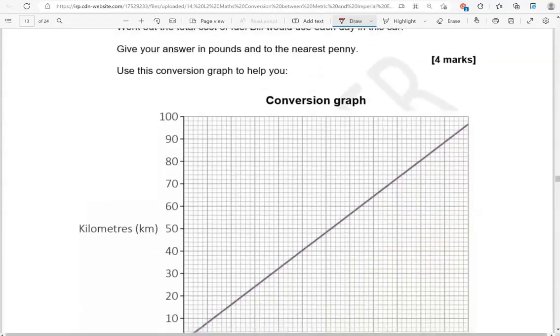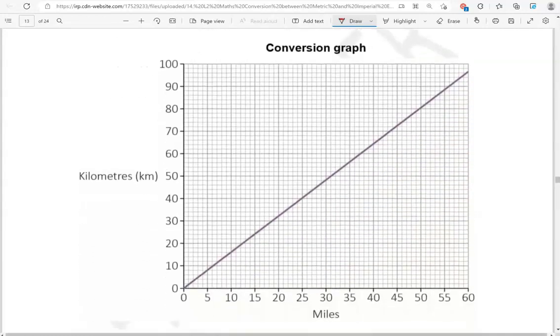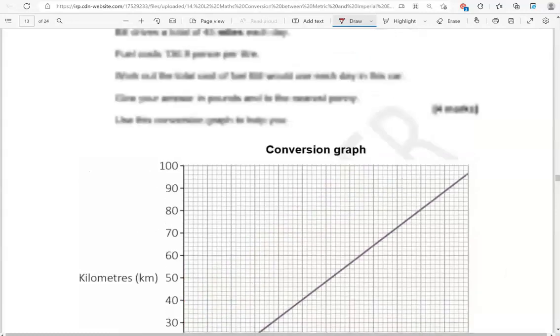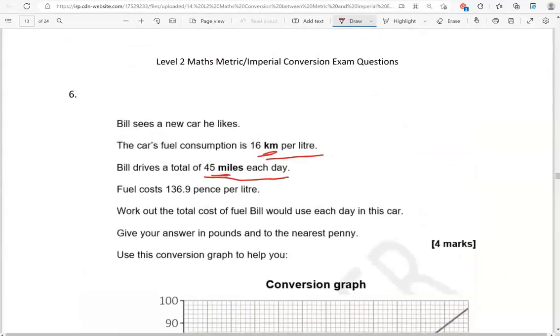So 16 kilometers, where is that? So there is 10. So this must be 12, 14, 16 is here. So that is 10 miles. So that is 10 miles per litre.